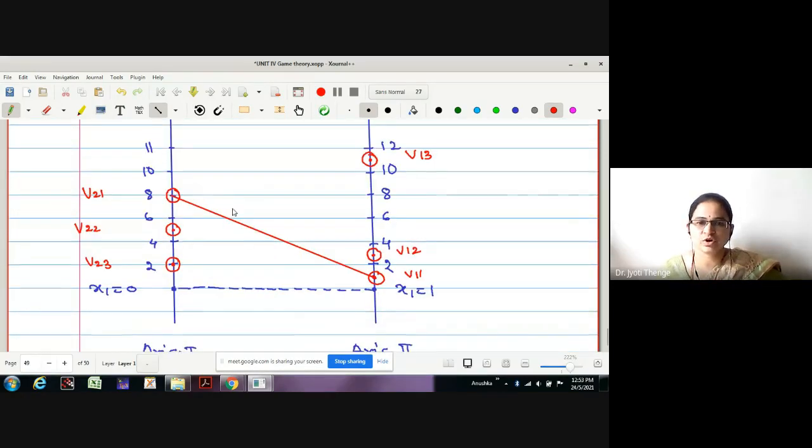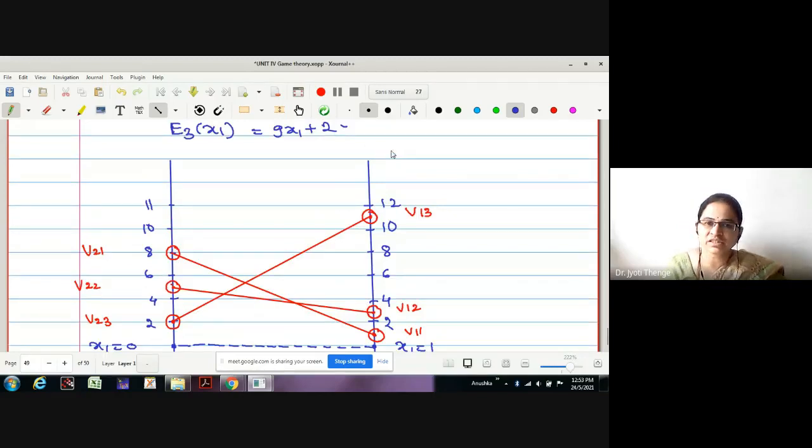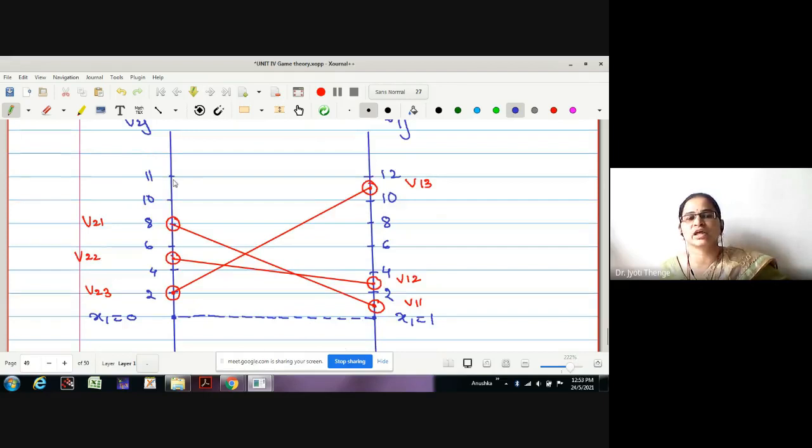I will tell you the shortcut also. Here is my 5, here it is 3, and I want to join. Okay. Now the last two points remaining, I have to join. And what is the shortcut in this? What you have to do is, you have to just plot V1j entries on this axis, V2j entries on this axis, and you have to join them serially.